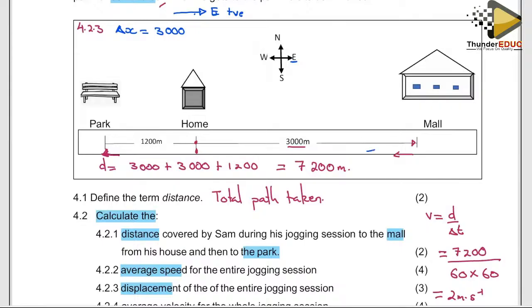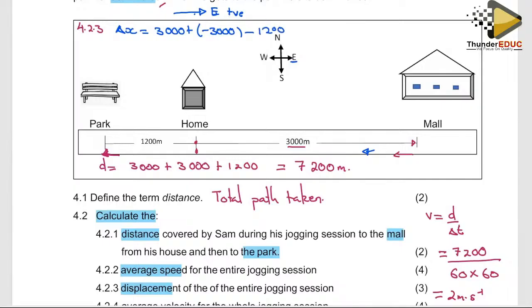Now he's heading in the opposite direction. Therefore, I'm going to say plus, then minus 3,000, and again minus 1,200, the distance he traveled again.